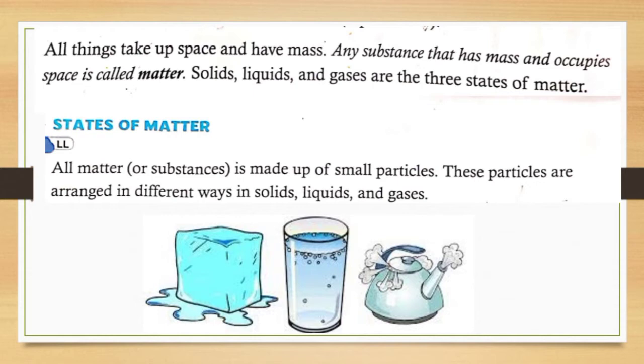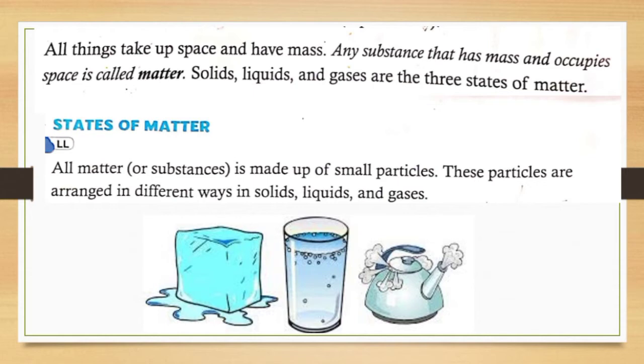Some substances are rigid, hard and have a fixed shape like wood and stone, but some substances can flow and take the shape of their container like water and milk. While there are forms of matter that do not have a fixed shape or size such as air.